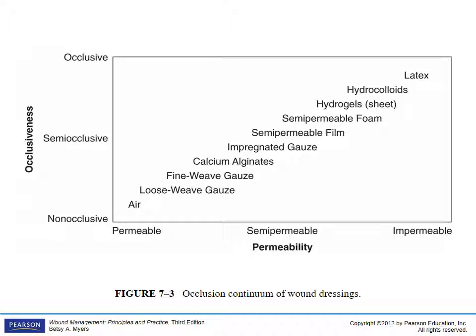If you put latex over someone, it is very occlusive and there's nothing that's going to get through that dressing. Okay. So that's how this little table will help you when you start thinking about what dressings, if you need an occlusive dressing, are your more occlusive dressings and what are your more permeable dressings.